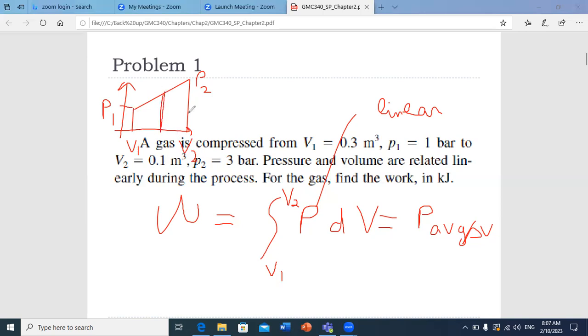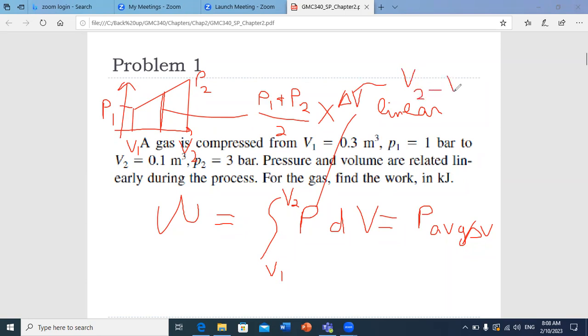And the average base you can calculate as P1 plus P2 over 2. So the corresponding area will be P1 plus P2 over 2 times delta V. So whenever you have a linear process, you can directly apply that W is P1 plus P2 over 2 times delta V, which is V2 minus V1.